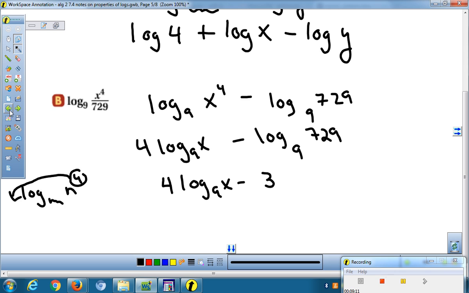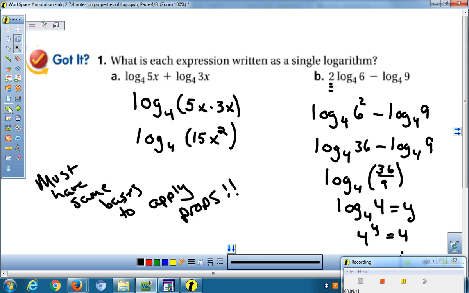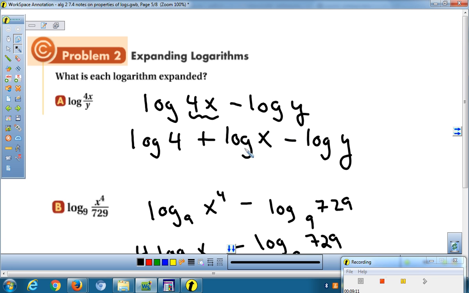We're going the other way. So if you look at the example, when we're writing it as a single log, we can work that property the other way and move that 2 up here. And when we are going to multiple logs, we bring that down in front. Okay, so we're going in opposite directions.